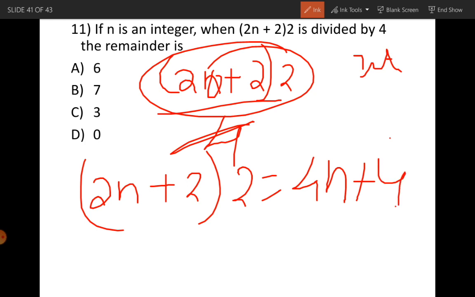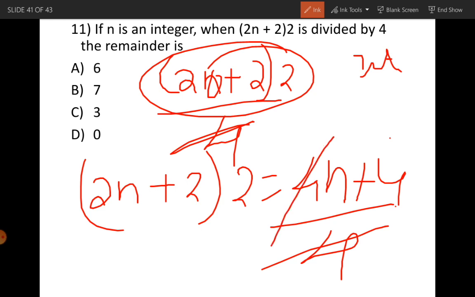We have to divide it by 4 and see what the remainder is. 4 ones are 4, and n is an integer. This 4n is divisible by 4, whatever the integer, so the remainder is 0, and this 4 also gives remainder 0. So the answer for this question is 0.